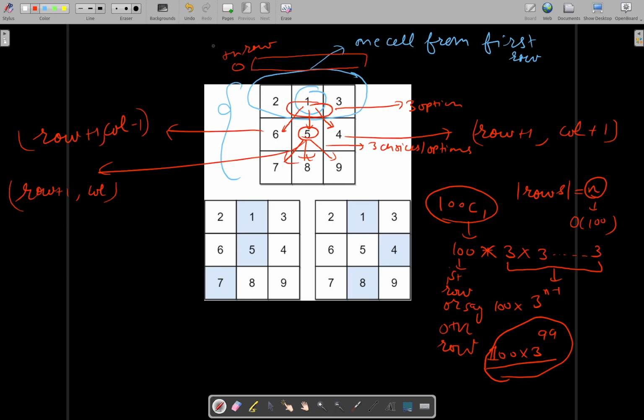Let me write it here. The order of the number of operations that your program will be requiring to solve the problem by trying out all the possible combinations.